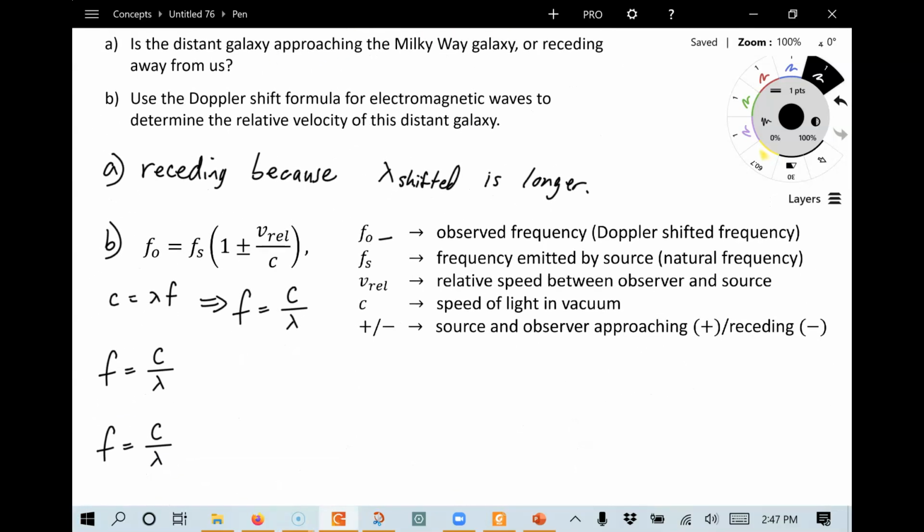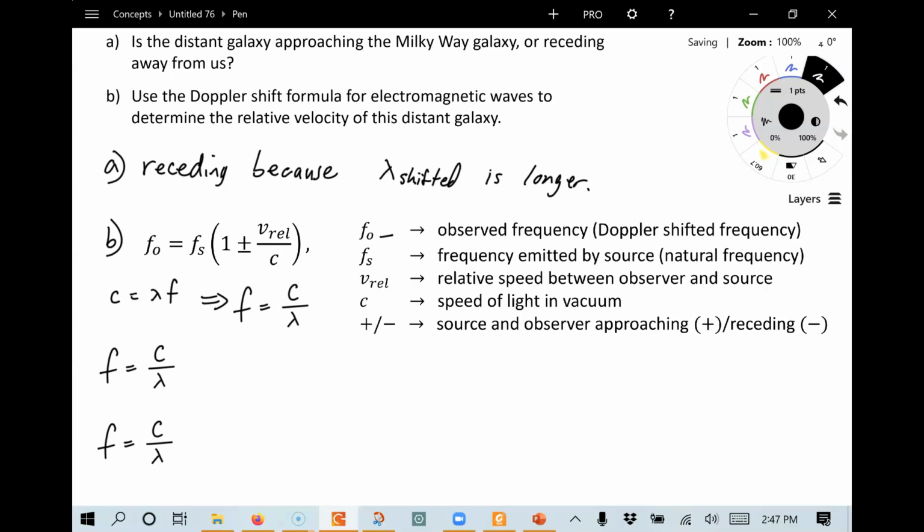Alright, so notice how we notate these things. For the Doppler shifted frequency, we put a 0 by it right here.